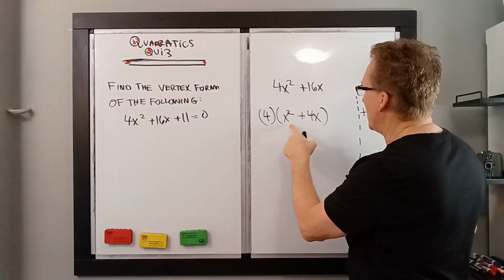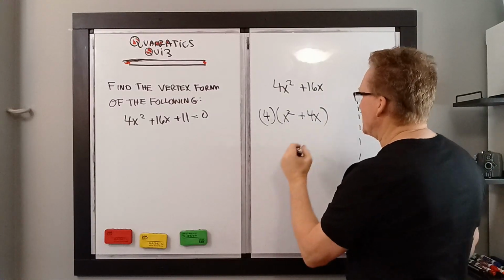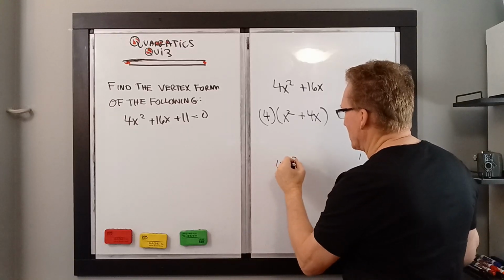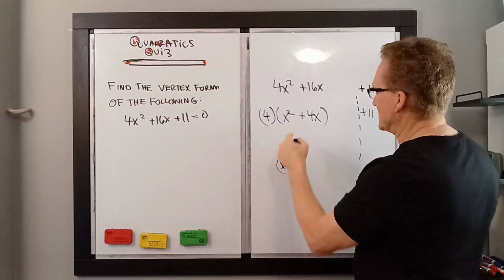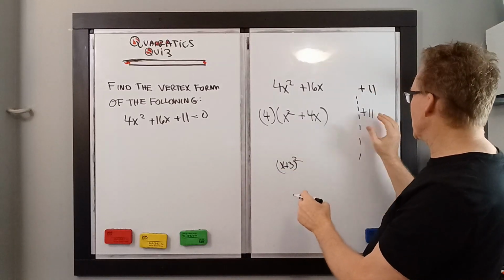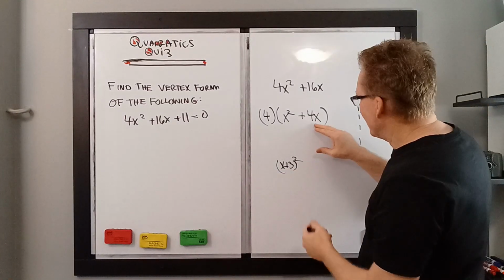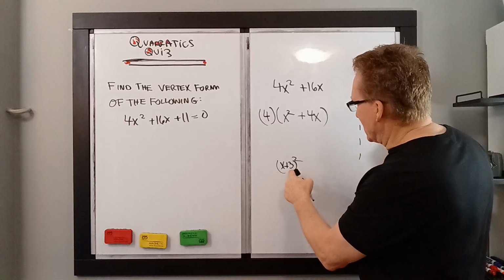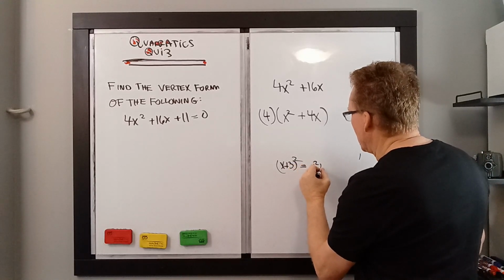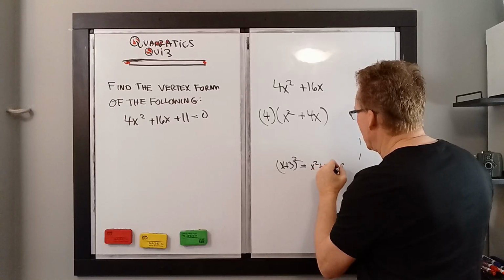So now what do we do? Well, we want to create something that's something squared. For example, we want to have x plus 3 squared to replace this, because when we have the vertex form, we want to have something squared plus a number. It might be plus 11. We're going to figure out what value we put in here. Now, if we did this, we'd get x squared plus 6x plus 9.